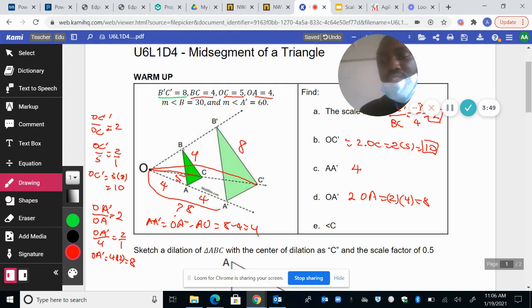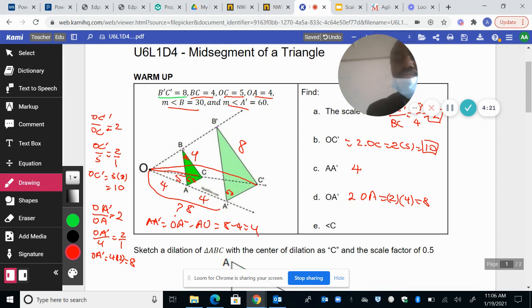Then angle C. We've been given that angle B is 30 and A prime is 60, and we're looking for C. What we know is that A prime and A are congruent under dilation, since corresponding angles are congruent. So A is also 60, and B is already 30. We also know that the sum of angles in a triangle is 180.